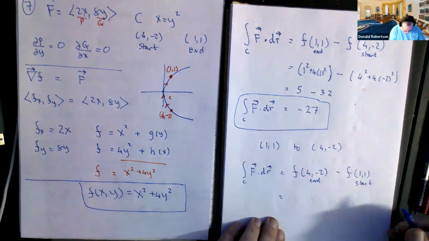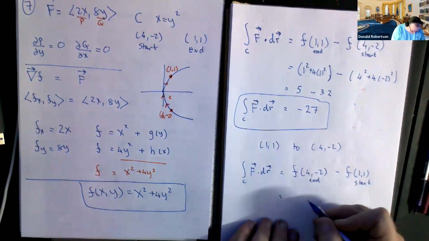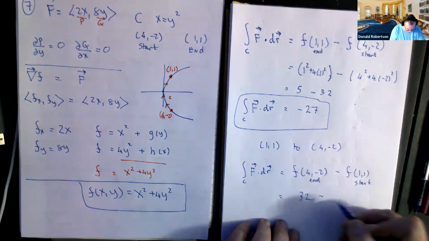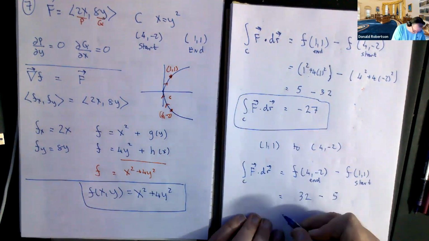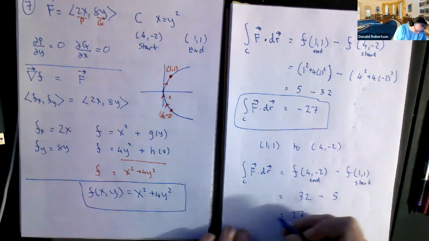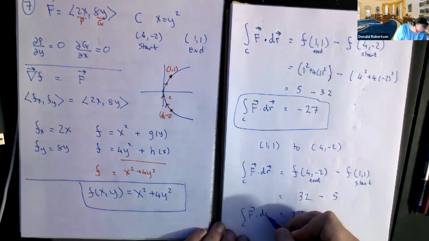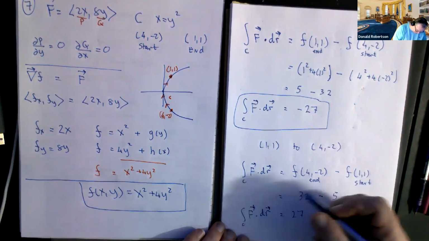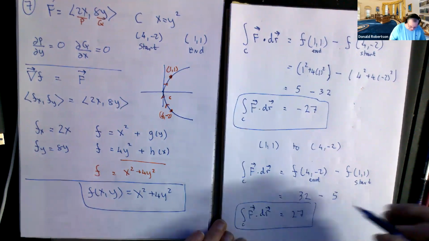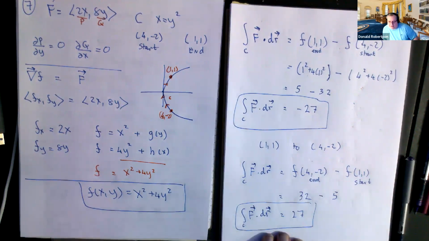Now we already know what these guys are equal to. This guy is 32, take away this guy is 5. And so the answer is 27. And I don't think that's too surprising. It's a bit like if you climb uphill, you get one answer, and if you climb downhill, you get a total negative result, numerically the same, but the sign is different.